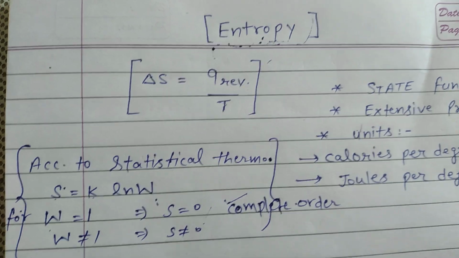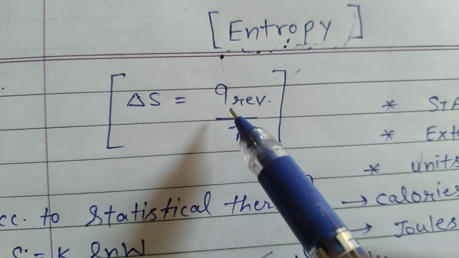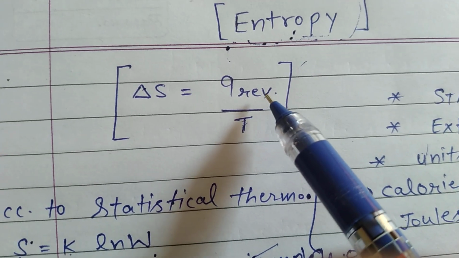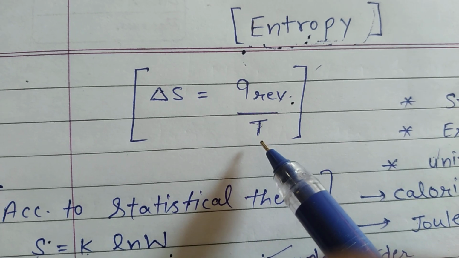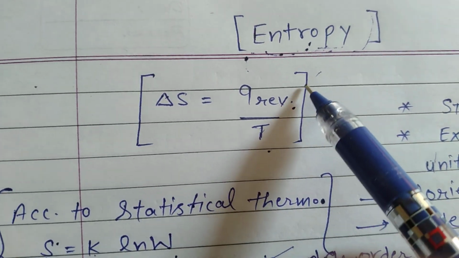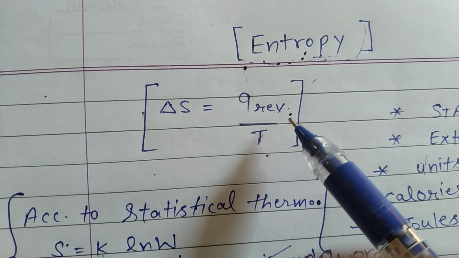Entropy can also be defined as the quantity of heat absorbed isothermally and reversibly divided by the absolute temperature. These equations can be derived by using the second law of thermodynamics.